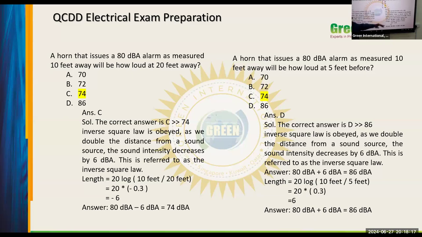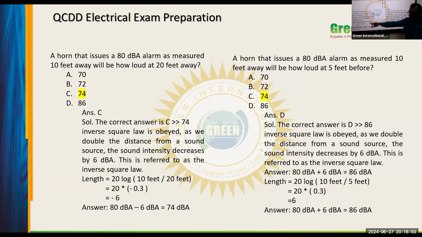There are some calculations, but you forget about the calculations. If the length is doubled, 6 decibels is subtracted. So 80 minus 6, 74. Instead of 10 feet, if we come closer to the horn, we have more sound, so we need to add 6 decibels.